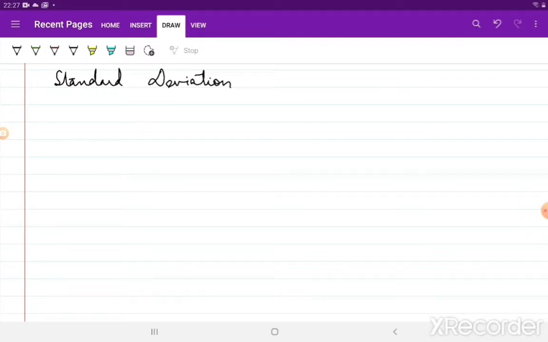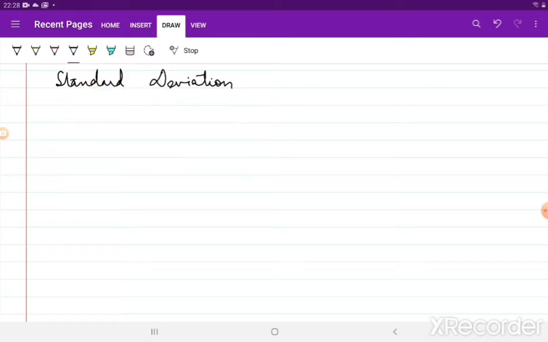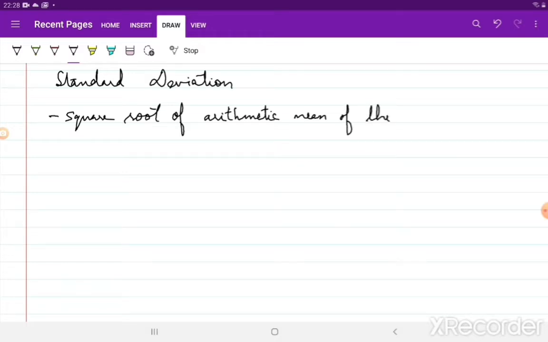It is defined as the square root of the arithmetic mean of the squares of the deviations from the arithmetic mean of the data.